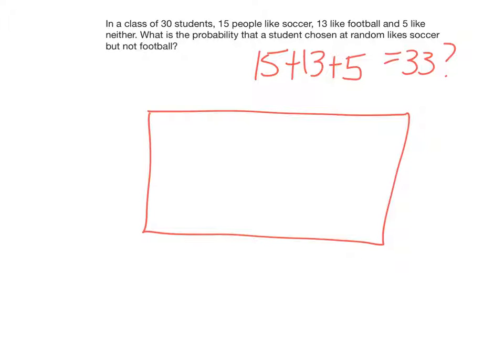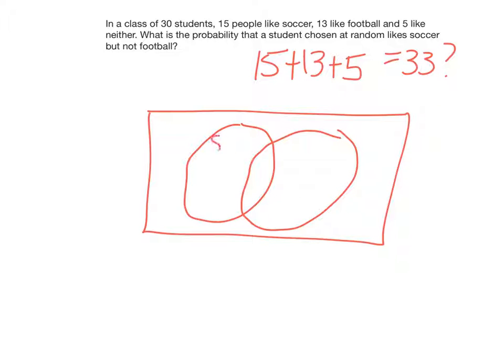So we'll draw up our Venn diagram here. So the first circle I'm going to let be soccer, and the second, football. So all I'm going to do is put the numbers in each category in here. So because there are 33, if I add them all up, the only way that's possible is if I've double counted 3.